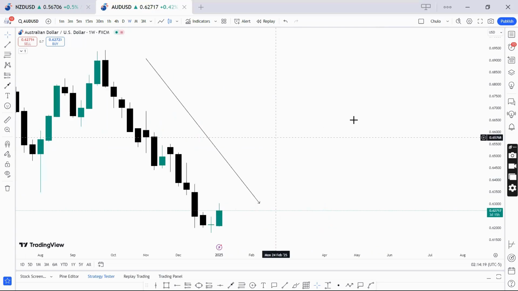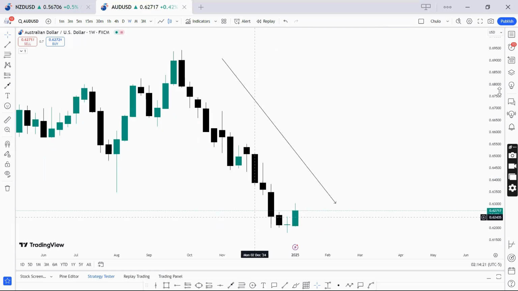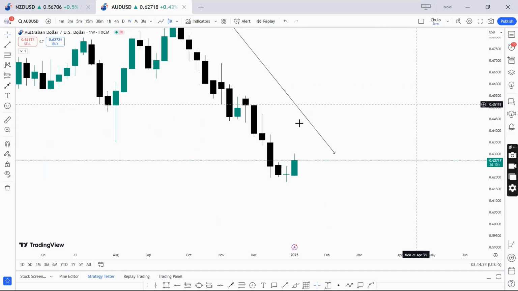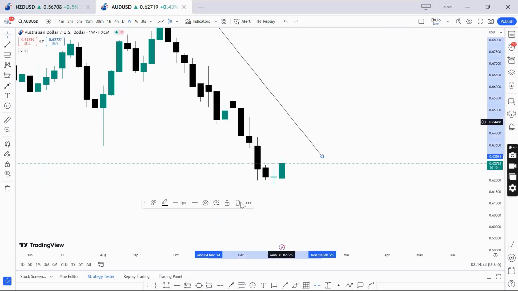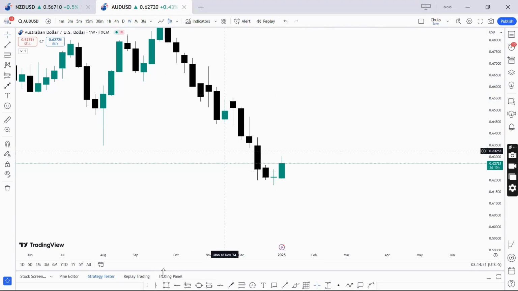So right here, I'm only concerned with what is going to happen around this place. Do we have an internal range liquidity here?